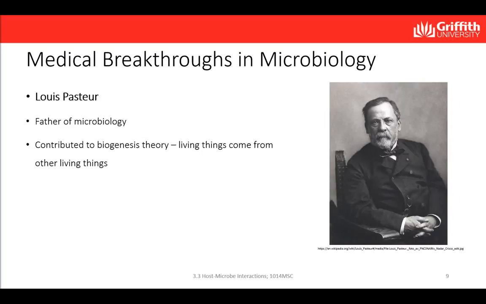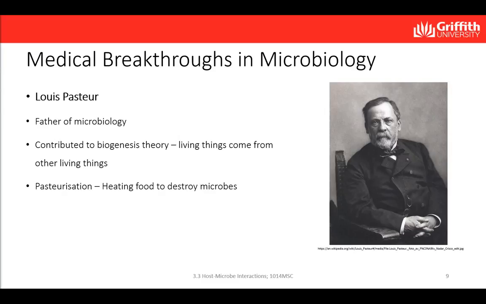Louis Pasteur is considered as the father of microbiology, and was the first to propose the biogenesis theory. According to biogenesis theory, living things only come from other living things by reproduction, and life does not spontaneously arise from non-living material.